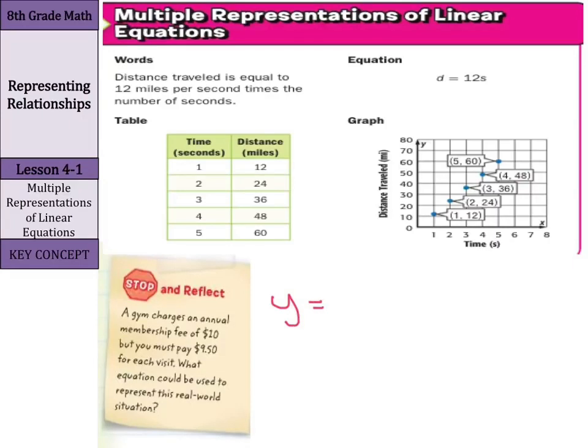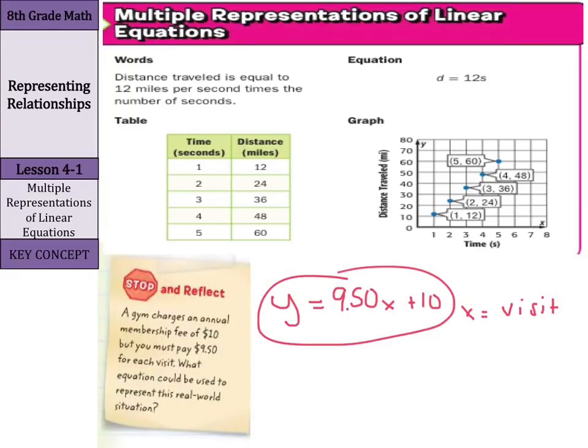One of these things is going to be multiplied by a variable, x. And if x is going to be equal to each visit, the times you visit, we're going to do $9.50 times the x plus the $10 a year. So $9.50 for each visit, so $9.50 times x, plus the $10 a year. And that's our equation.